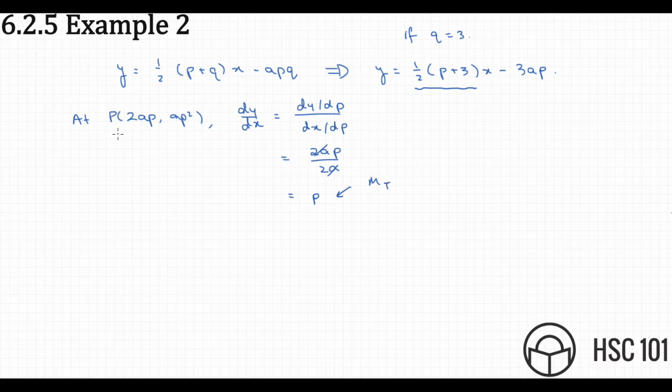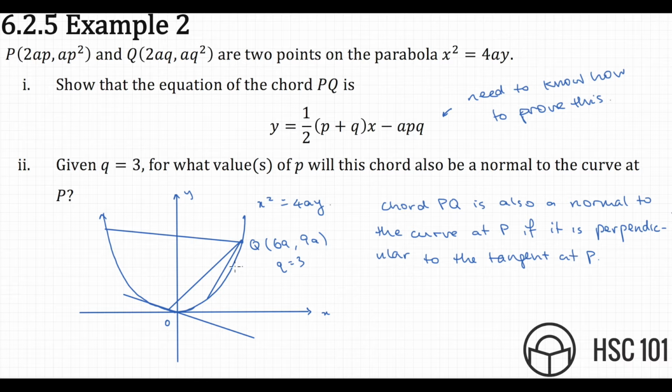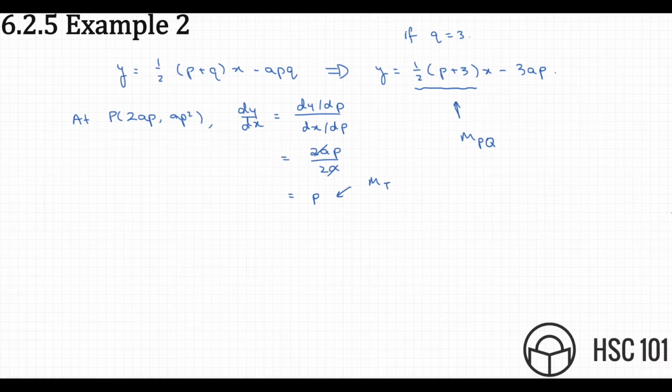So I know the gradient of the tangent at the point P, and I've also got the gradient of the chord PQ. I said earlier when we were setting up the question that the chord PQ is going to be a normal at P if the chord PQ is perpendicular to the tangent at P. So if the chord PQ is perpendicular to the tangent at P, then the product of the gradient of the chord and the gradient of the tangent needs to give us −1.